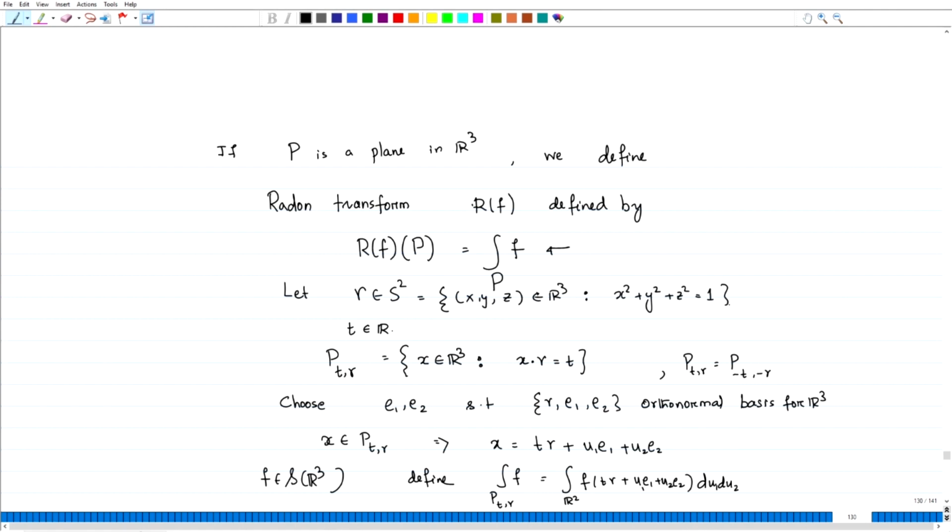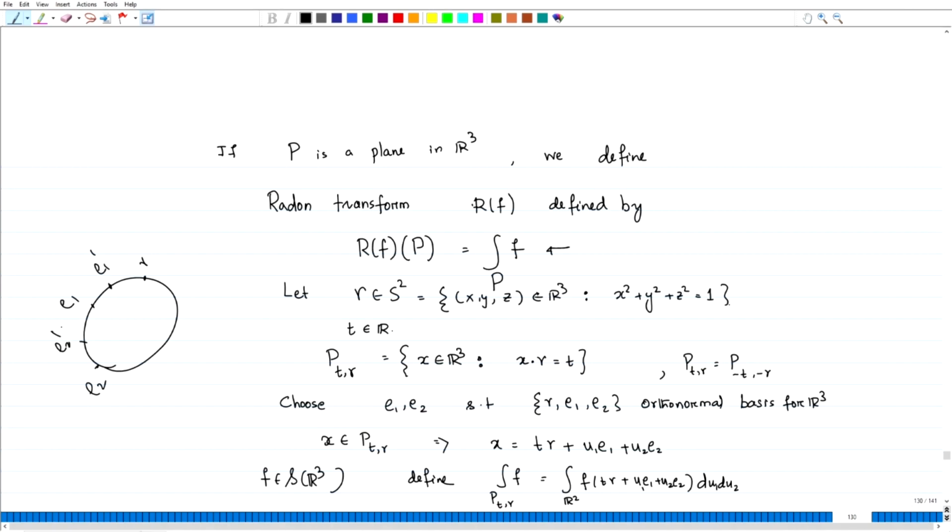Okay, so far so good. Now we have defined this, but why should we believe that this is independent of the choice of the basis we are taking? Suppose this is my gamma and someone is taking e1 and e2 here, while somebody else can also take some e1 prime and e2 prime.